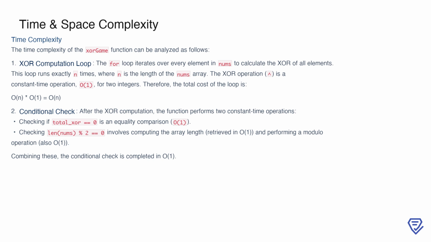After computing the XOR, the function performs two checks, whether total_XOR equals 0, and whether the length of the array is even. Both of these operations involve simple constant time calculations, such as equality comparison and modulo operations, which add an O(1) cost. Therefore, the overall time complexity is dominated by the O(n) cost of the XOR computation loop.